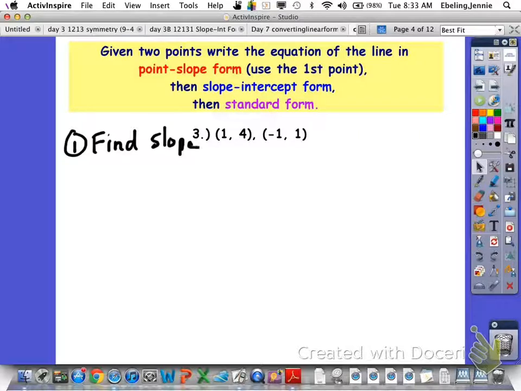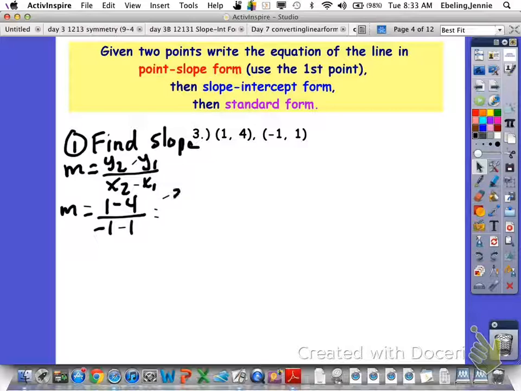And remember, to find the slope, we're going to use our slope formula. And to do that, I'm going to have 1 minus 4 over negative 1 minus 1. So I'm looking at negative 3 over negative 2, which is really just 3/2.